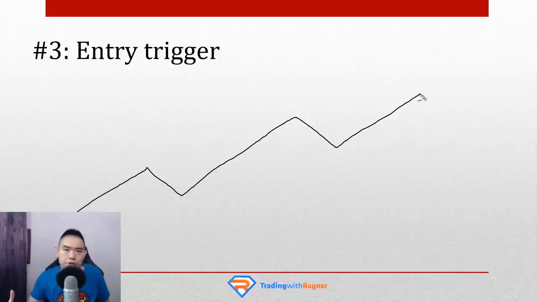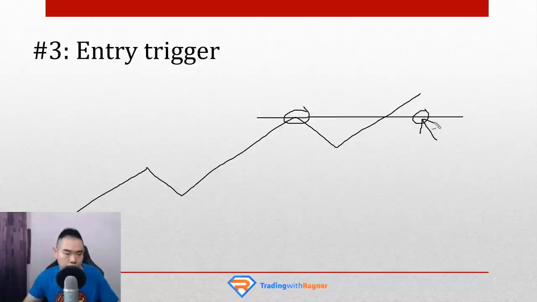So this is where I introduced to you the concept of area of value, to identify areas on your chart where buying pressure could step in to push the price higher. In other words, these are areas on your chart where you want to look for buying opportunities. In this case, let's say it's an uptrend, this could be an area of value where previous resistance could become support. This is where you want to look for buying opportunities to hop on board the trend.